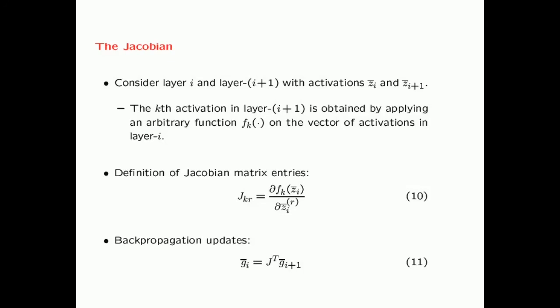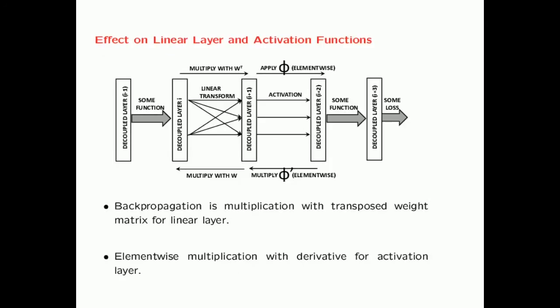What we already showed in the previous slide is that the backpropagated update is essentially given by J transpose, the transpose of the Jacobian, multiplied by G_{i+1}. Now, one point I would like to make is that I had already discussed a few slides back that in this kind of computational graph containing a single path, you can also derive these backpropagation updates by using the chain rule as it applies to vector operations.